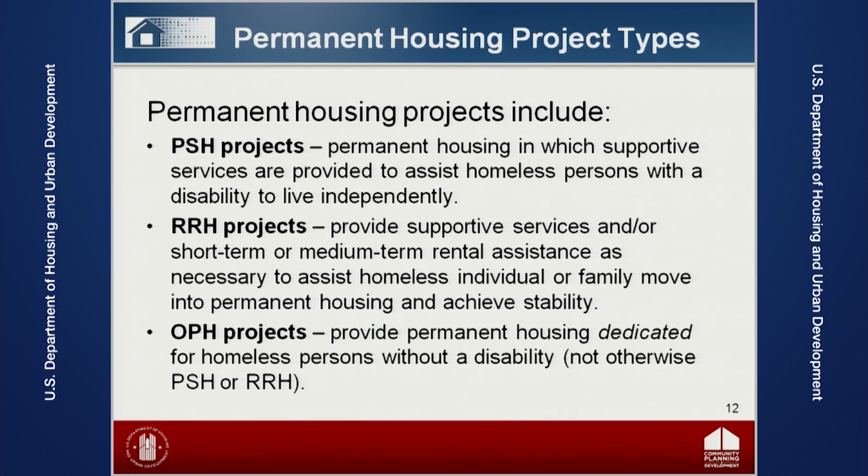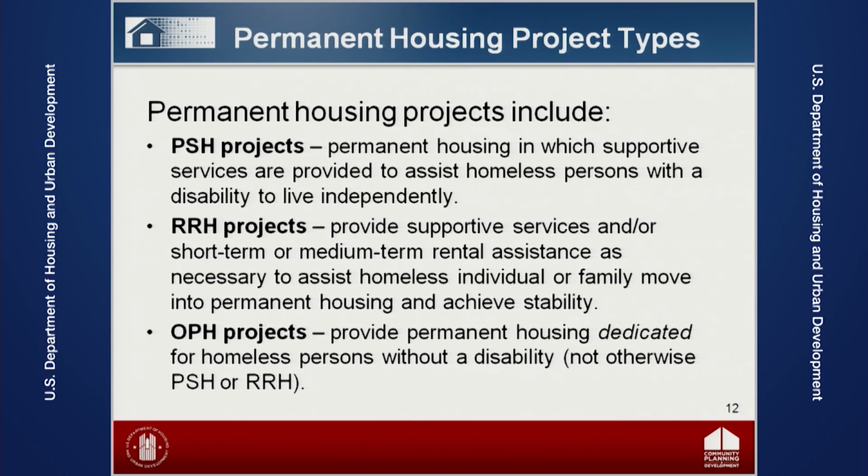Permanent housing projects that provide supportive services but do not limit eligibility to individuals with disabilities and families in which one adult or child has a disability should be identified as other permanent housing projects, the new category, in other words, under this permanent housing category, but not permanent supportive housing projects. This is a key distinction. The definition here is consistent with HUD's definition for permanent supportive housing contained in the CoC program interim rule.